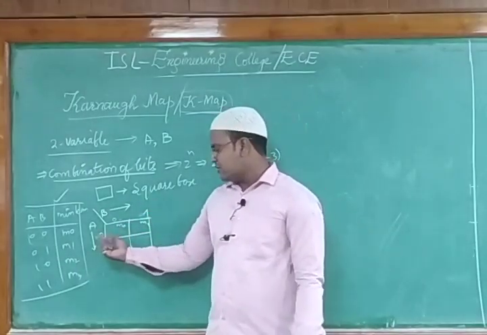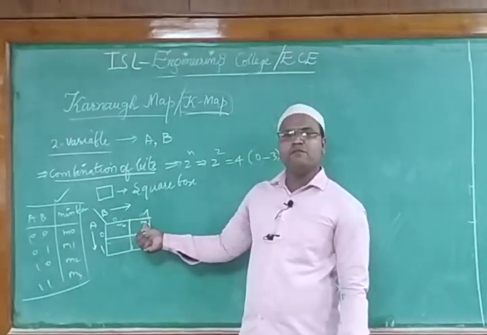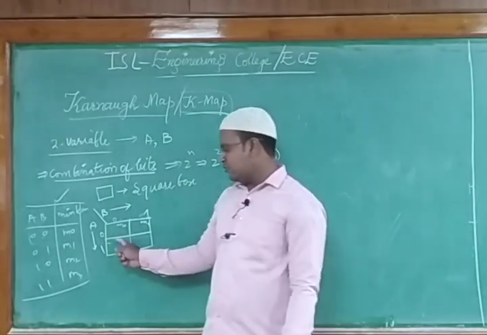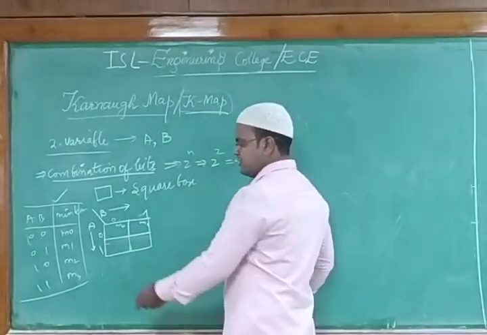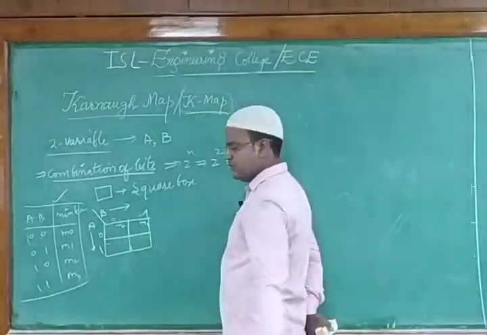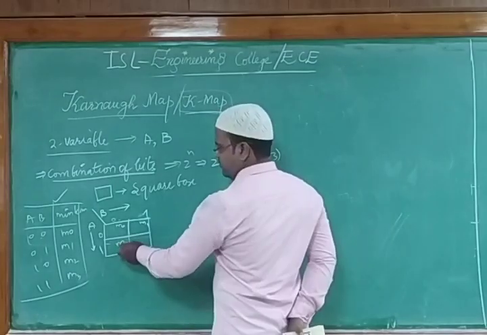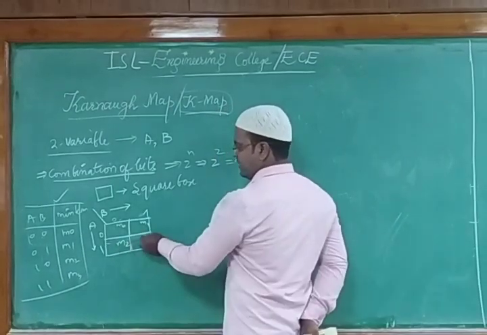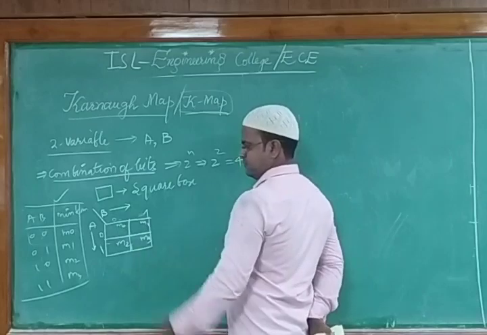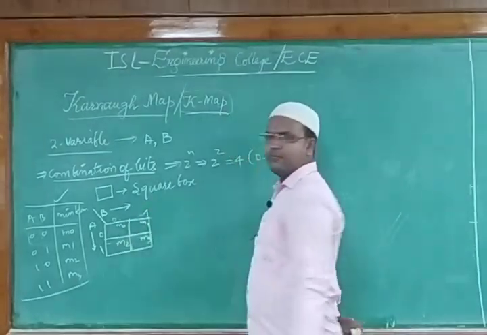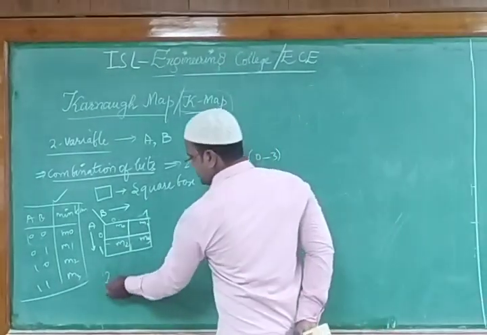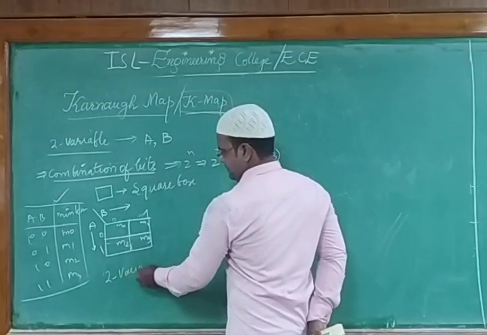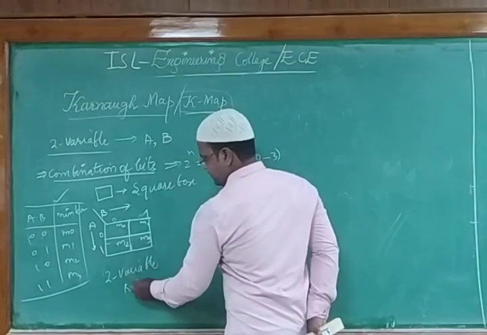So this 0, 1 means its min term is M1. Likewise, we have the next box. What is the next box combination? 1, 0. So what is 1, 0? M2. Next is 1, 1. That is M3. So 1, 1 we wrote as M3. So this is the representation of a two variable K-map.